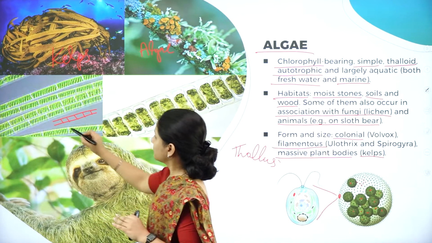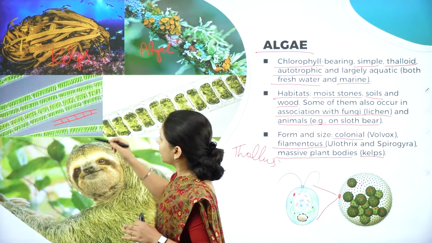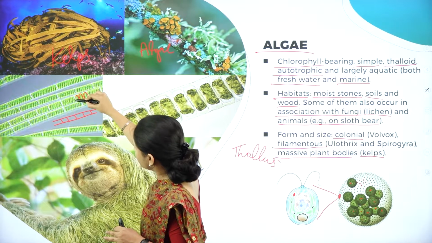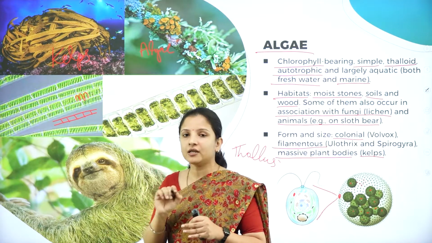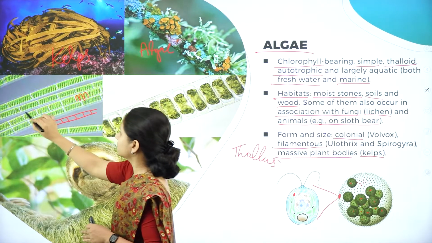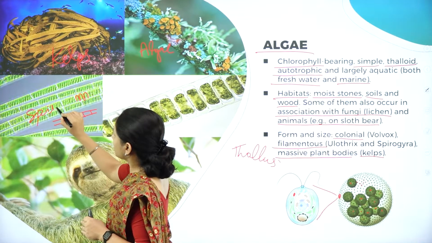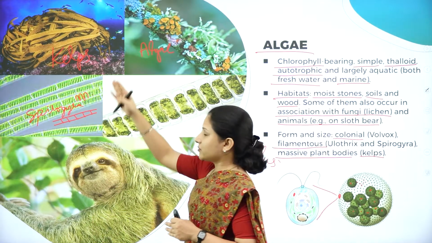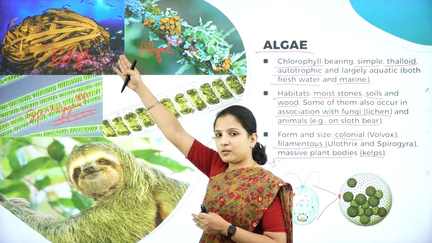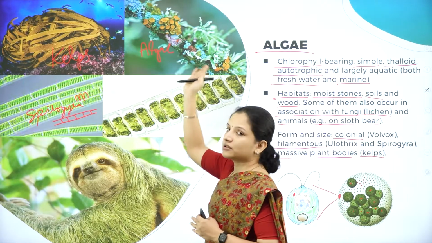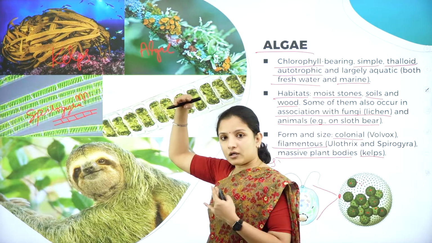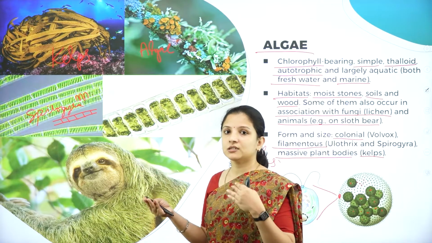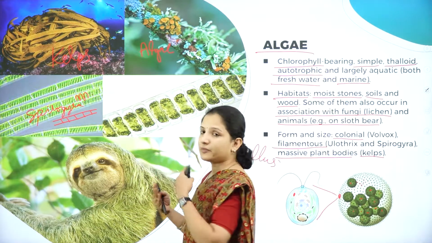It is called Spirogyra because, if you see inside, there is a spiral arrangement. So this is Spirogyra, the best example. Algae can be huge, having huge thalloids. They can grow in association with the lichen, and their plant body can be filamentous and septate.